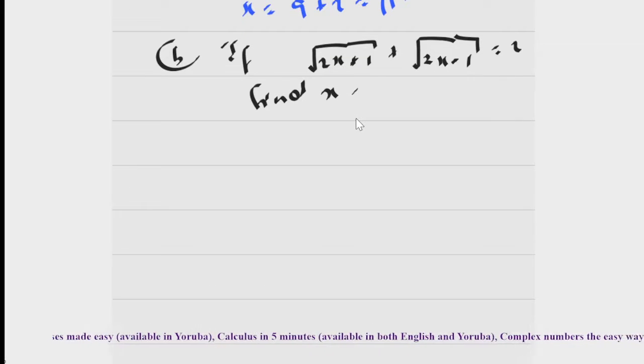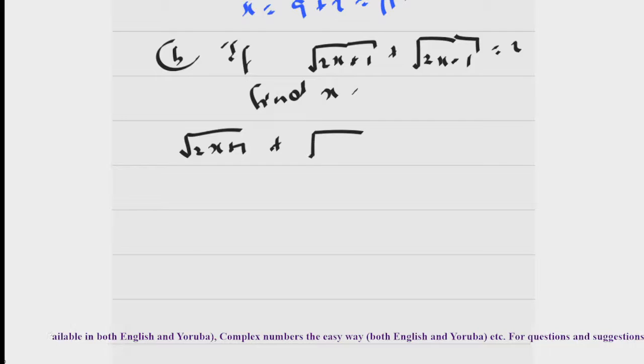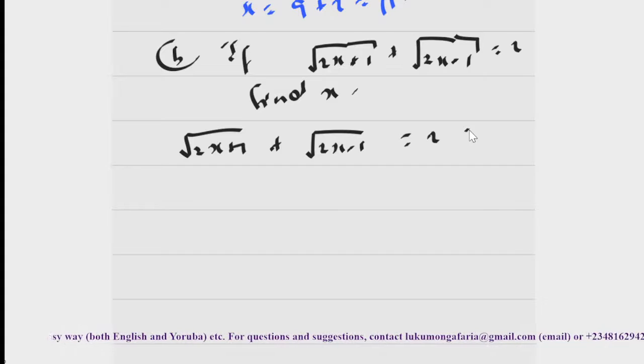So to do that is not difficult. Again, you have the square root of 2x plus 1 plus the square root of 2x minus 1 is equal to 2. Again, don't forget, we are interested in finding the value of x, so you have to get rid of the radical. What you can do to get rid of the radical is to square both sides.